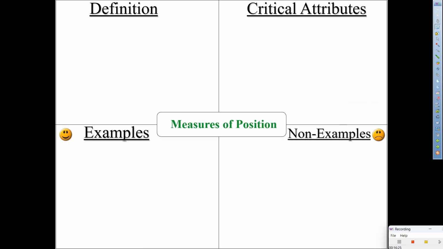Next, on your own. Definition in your own words for measures of position. By now you should know what they are. Definition in your own words. 45 seconds. What are measures of position?